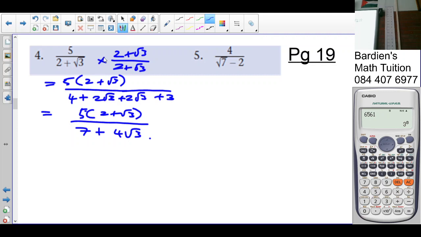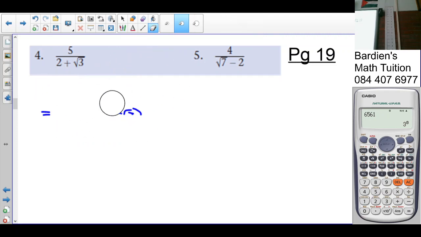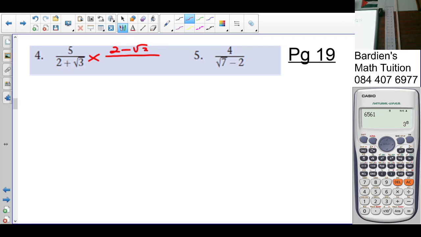2 minus root 3. Let's see what happens. Why do you think that you needed to do that? Yes, good start. We can multiply the first and the last.